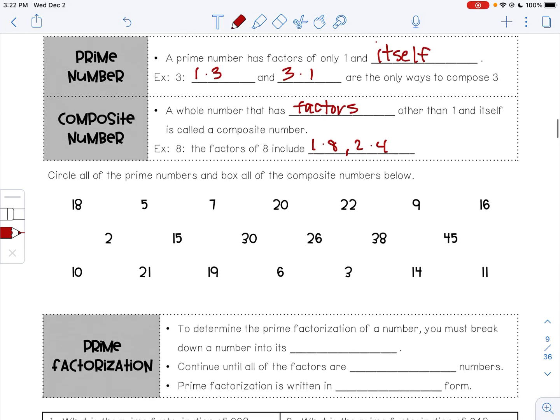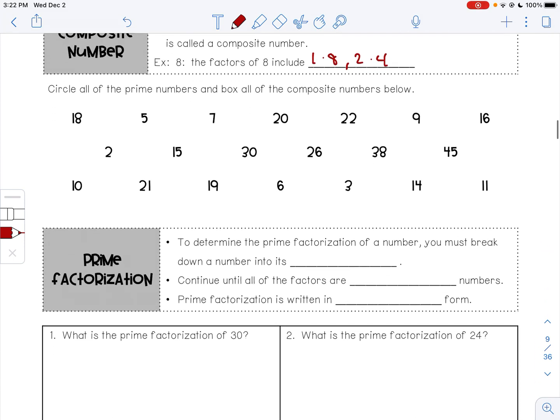So what we are going to do next is circle all of the prime numbers and box all of the composite numbers. So I'm going to do the first few with you and then you're going to have an opportunity to try yourself. So let's look at number 18. In order to determine if this is a prime or a composite number, I need to ask myself, what are the factors?